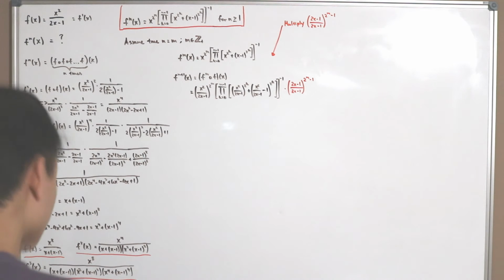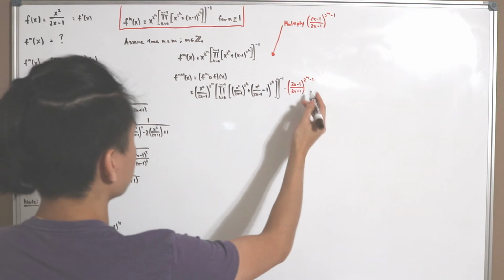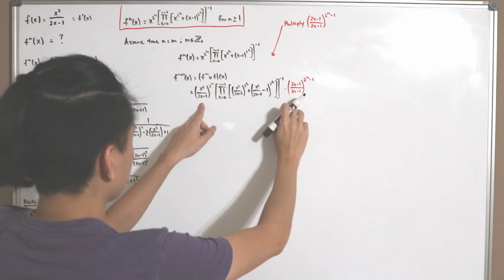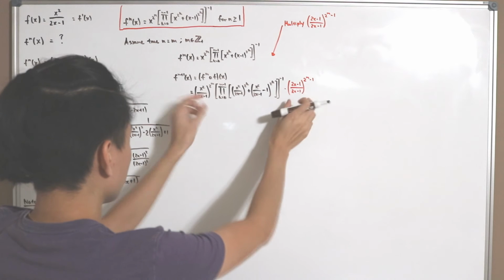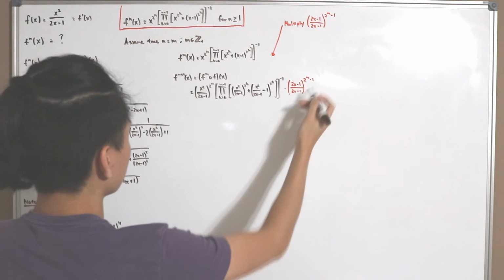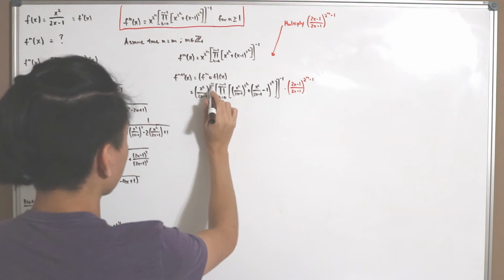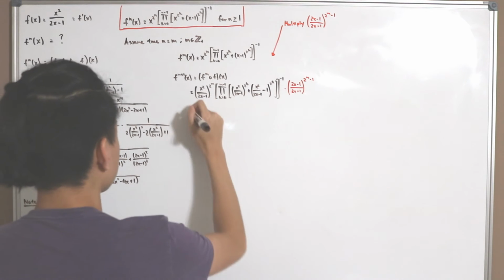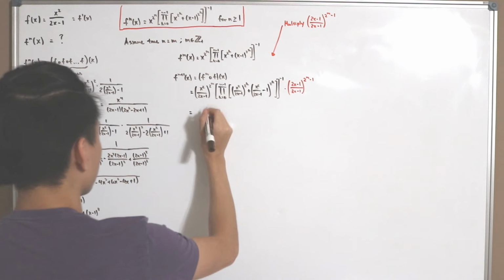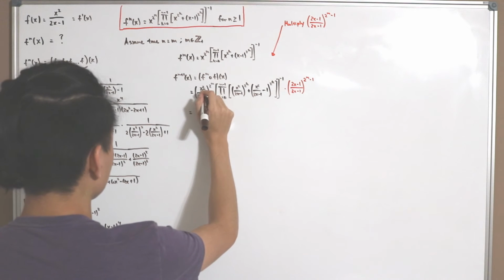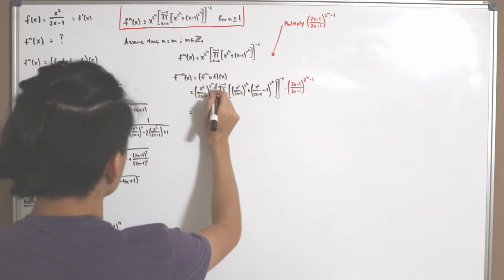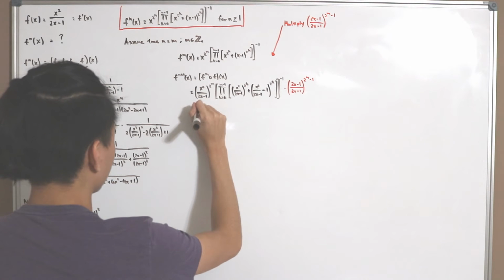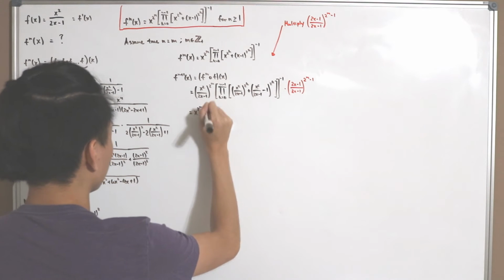Now going back to the brown. Notice that we can actually simplify this, specifically when we focus on these two terms of the product. So 2 to the m minus 1, 2 to the m over here. If you distribute the 2 to the m, we can simplify this just a bit. This is 2 times 2 to the m, so this is x to the power 2 to the m plus 1.